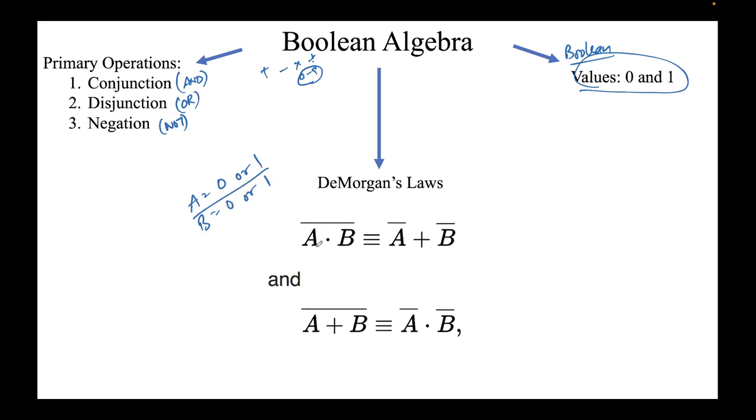What this law says is that A dot B, this dot symbol means AND or conjunction, plus this symbol means OR, technically referred to as disjunction. The bar symbol that you are seeing is called NOT or negation.